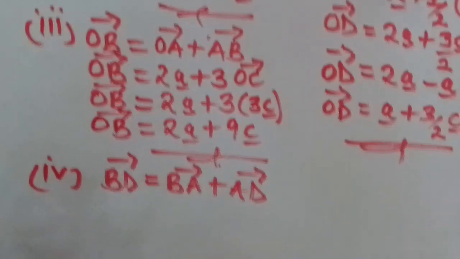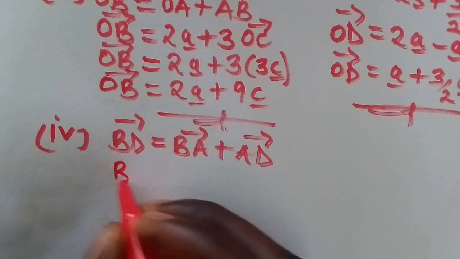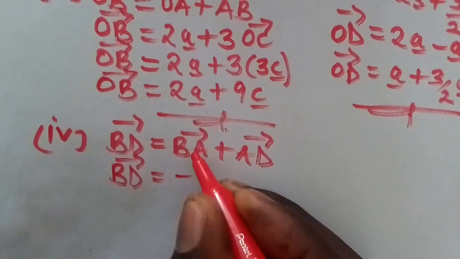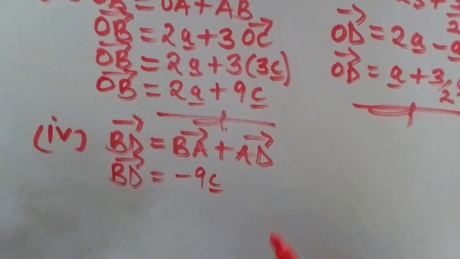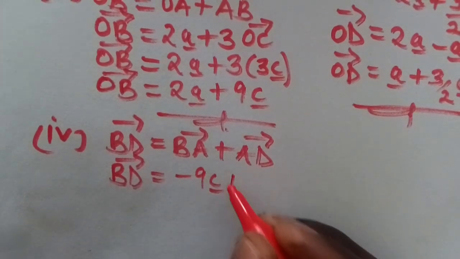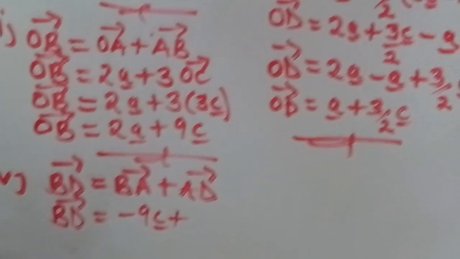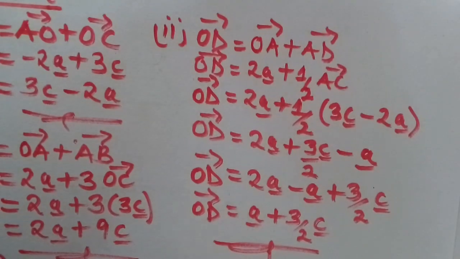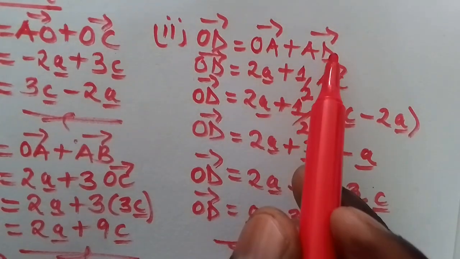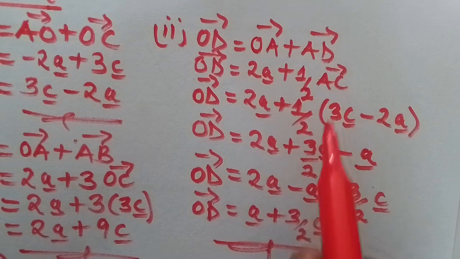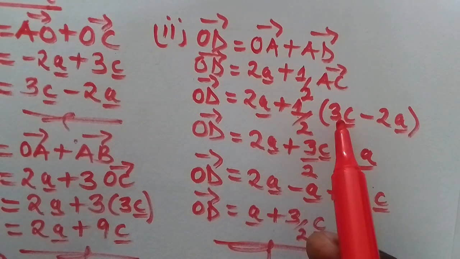So for BD vector, this is going to be negative 9C because it is in the opposite direction. Then plus AD vector. AD vector, we worked it out at some point here. AD, we said this is half of AC, and it gave us 1 over 2 of 3C minus 2A.